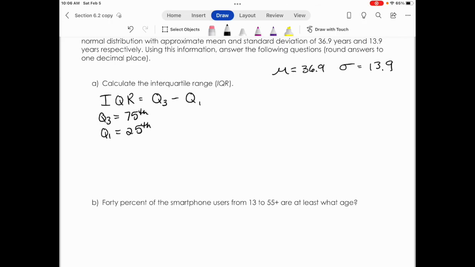So we're just going to use the inverse norm on our calculator to find those values. So for Q3, we're going to find the inverse norm by putting in our percentile of 0.75, our mean, which is 36.9, and our standard deviation, which is 13.9.